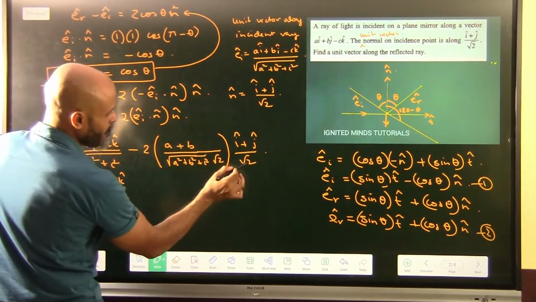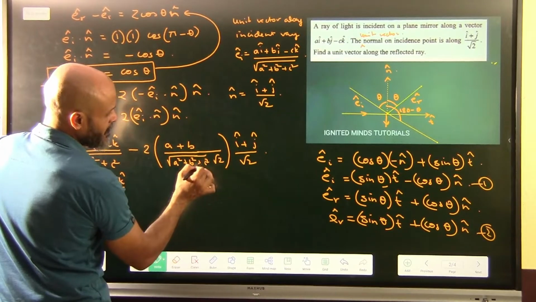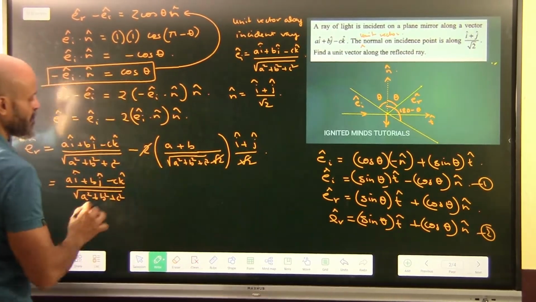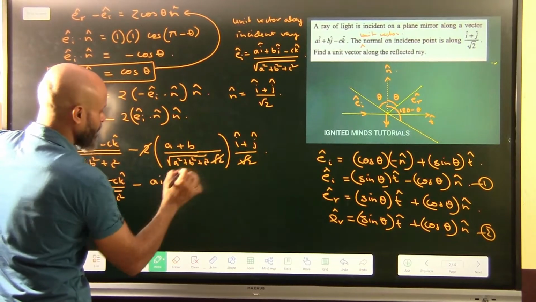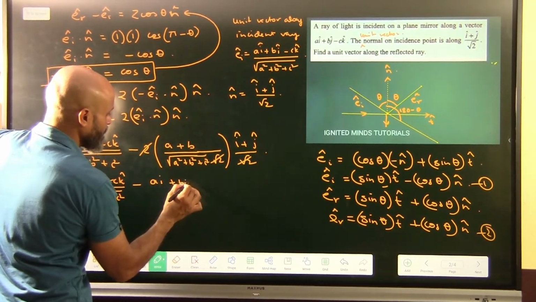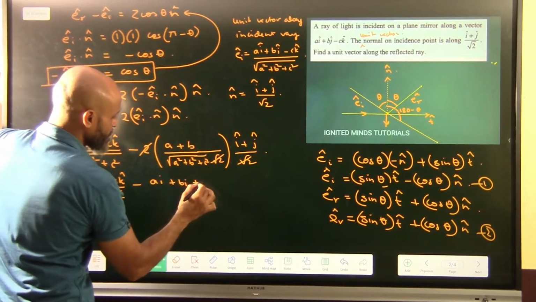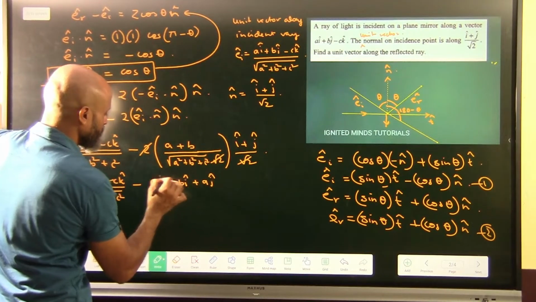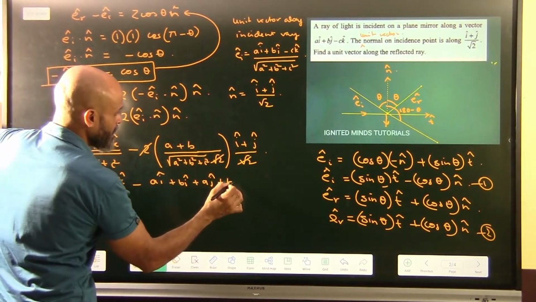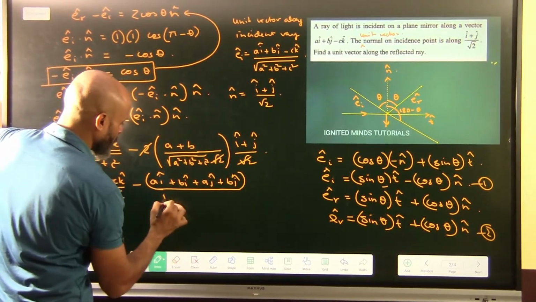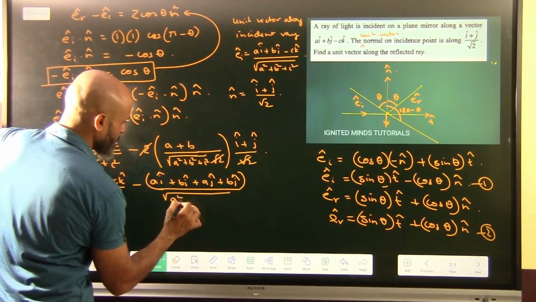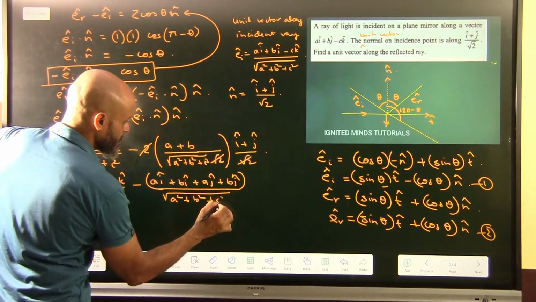Now under root into under root 2 will be 2, and this can cancel with the 2. So this will be minus ai plus bi plus aj cap plus bj cap upon under root of a square plus b square plus c square.